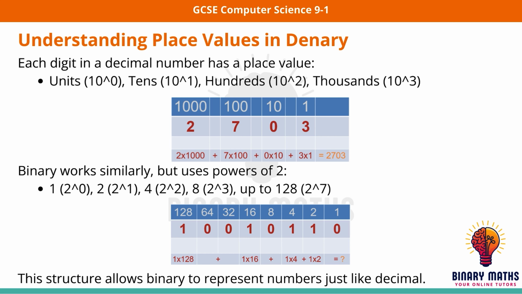So the first column is 2 to the power of 0, which is just 1. 2 to the power of 1, which is 2. Then it's 2 to the power of 2, which is 4. 2 to the power of 3, which is 8, and so on, up to 128 for 8 bits. This is the secret behind binary conversions, which we'll practice next.